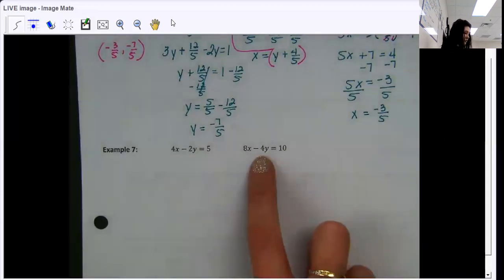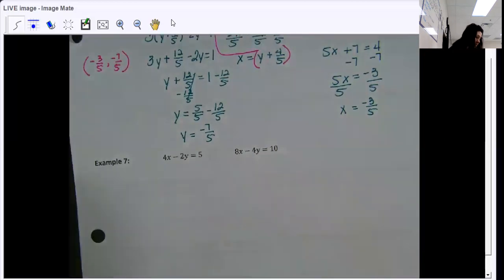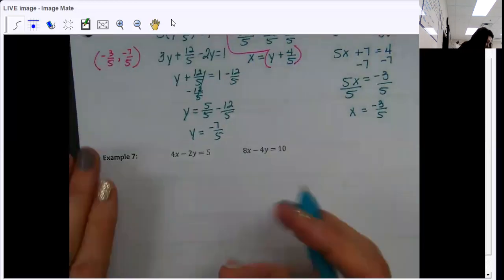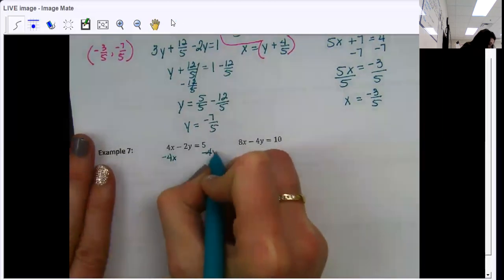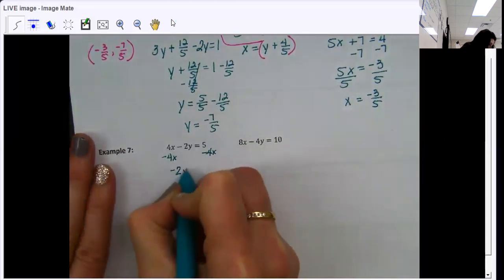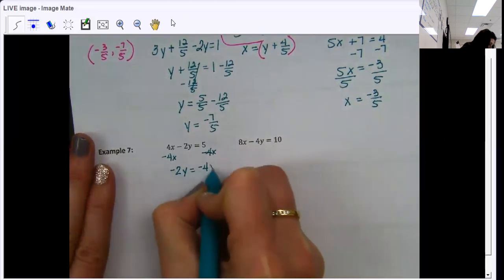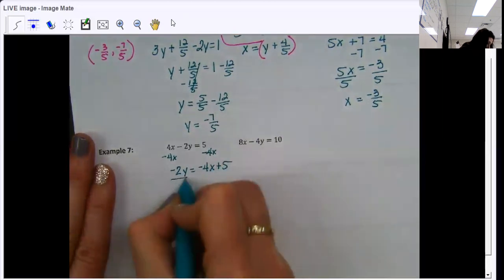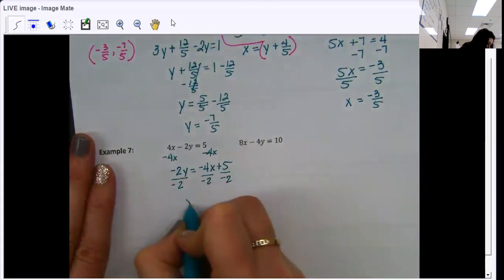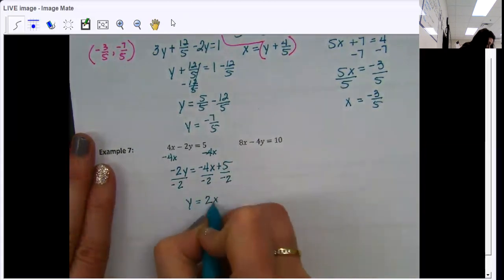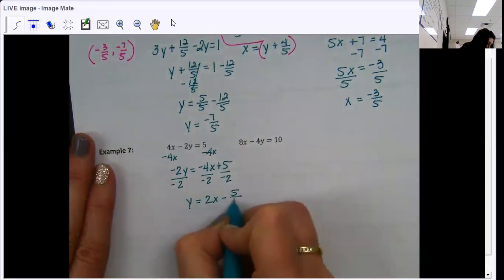I could do this one too, but I'm going to do it with the smaller numbers. So I'm going to subtract 4x on both sides. And I get -2y equals -4x plus 5. And then divide by my -2.